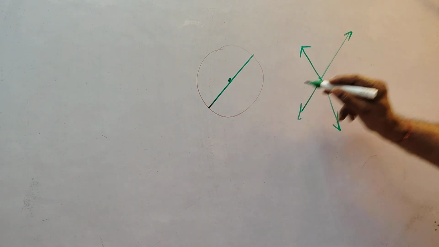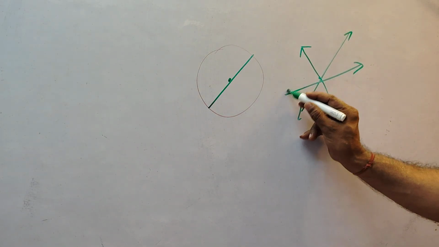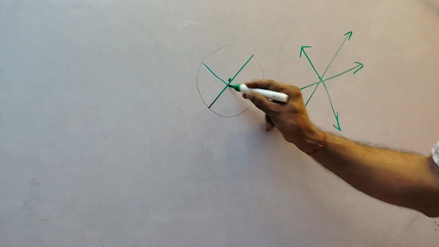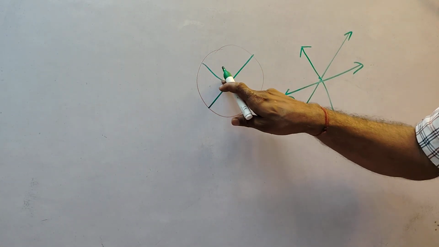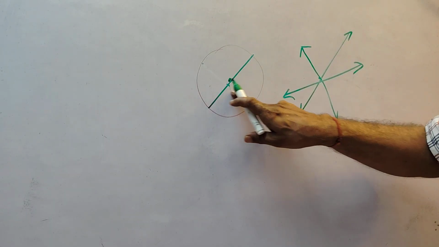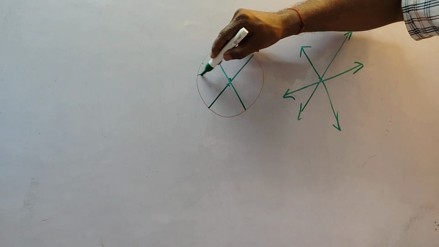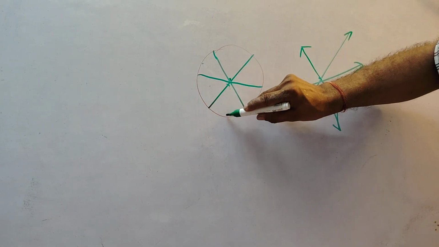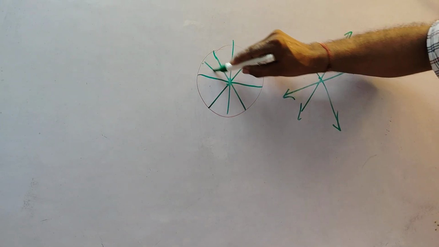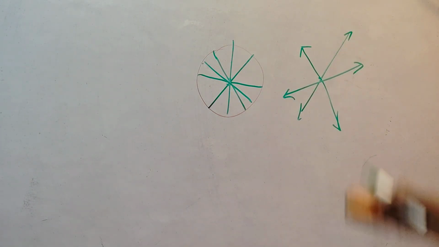Infinite. Yes, correct. There are infinite diameters possible in the circle. In any direction, passing through the center is possible. There are infinite diameters we can draw in this way.